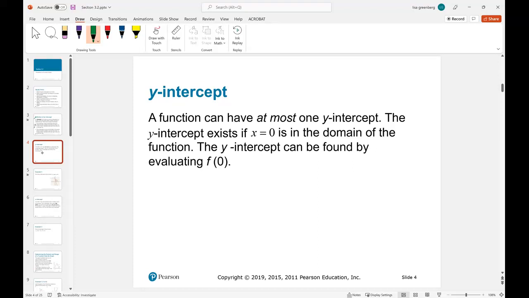So the y-intercept can be found by evaluating f of 0, because f of 0 is the y value when x equals 0, right? So we would have an ordered pair, something like x is 0, y is whatever it is, right? Okay.